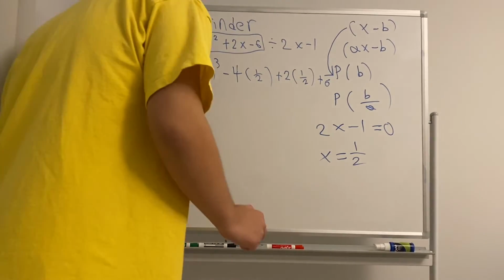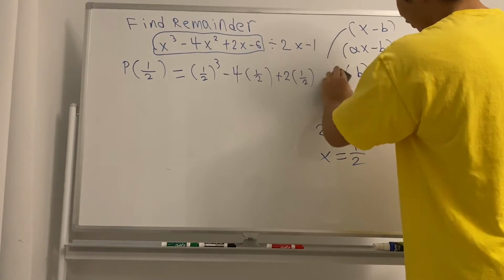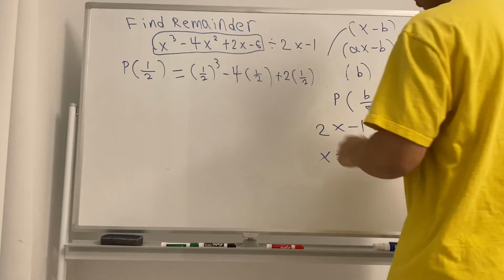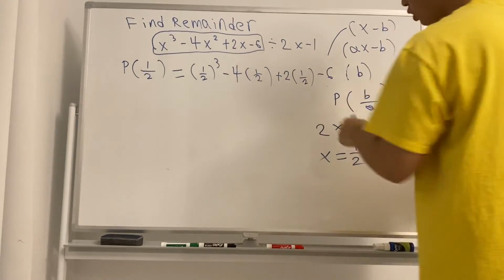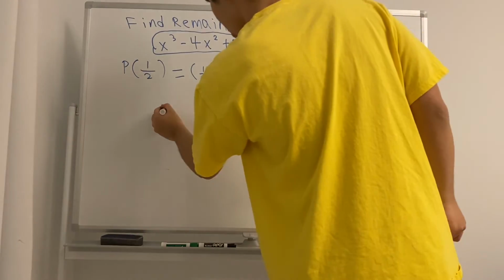So, minus 6, that should be minus 6, my apologies. And once you perform this calculation, whatever answer you get is going to be the remainder.